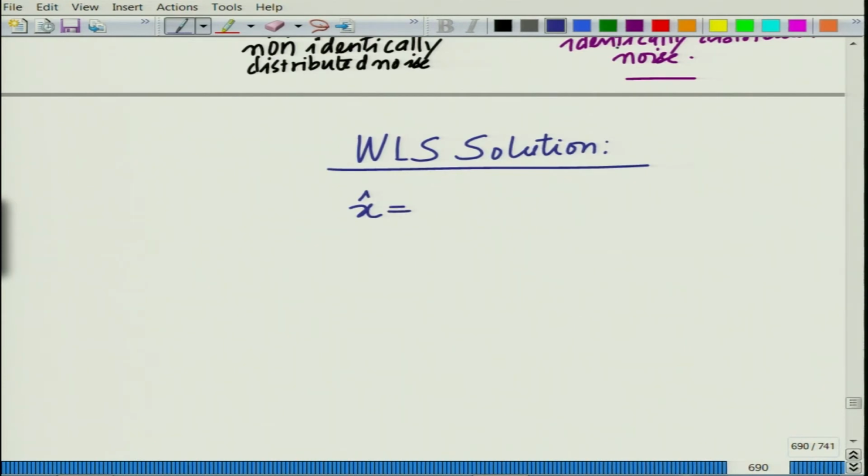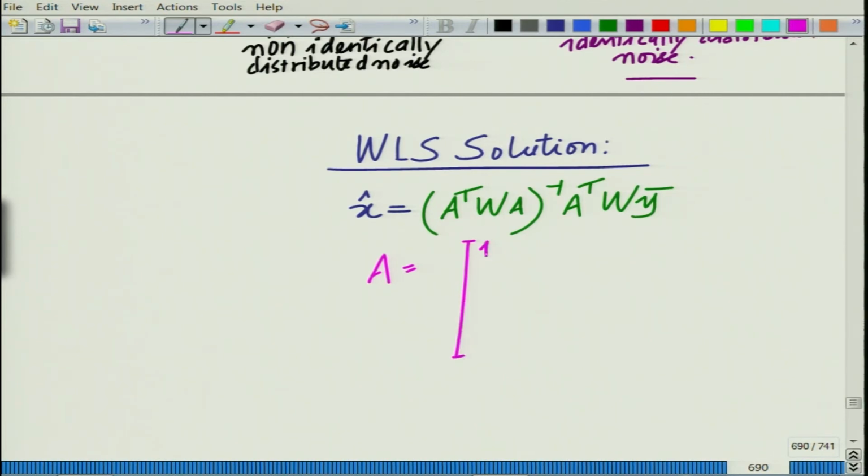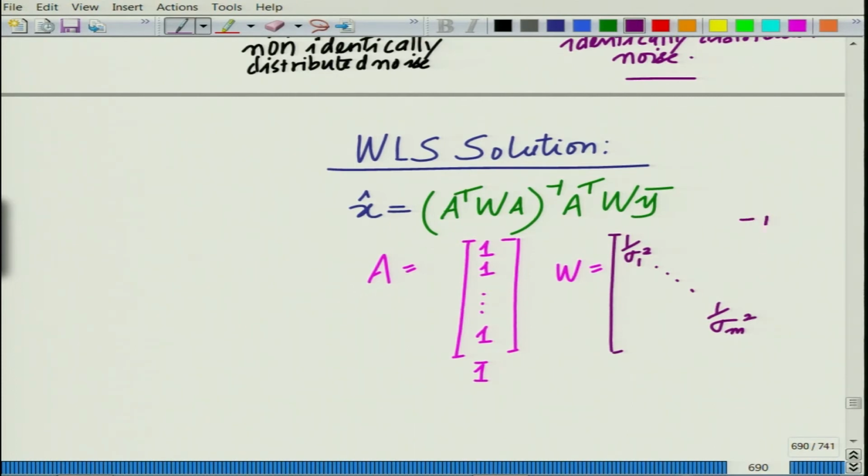Recall this is x hat equals A transpose W A inverse A transpose W y bar, and A equals the vector of all ones, this is your 1 bar, and W equals your R inverse, that is 1 over sigma 1 square up to 1 over sigma m square.